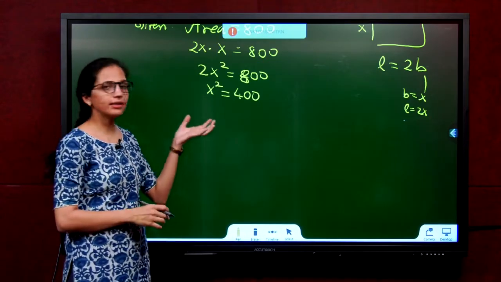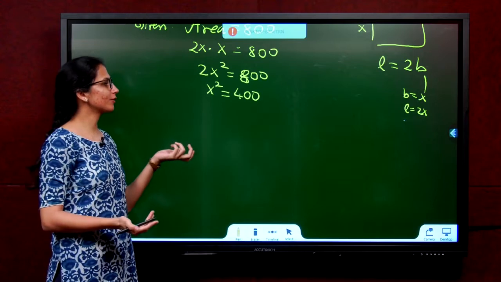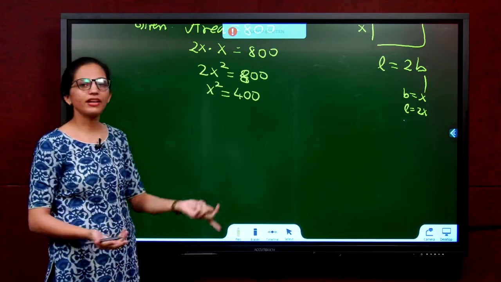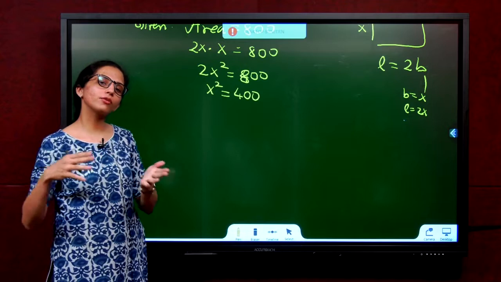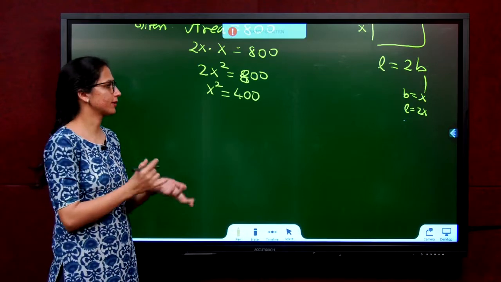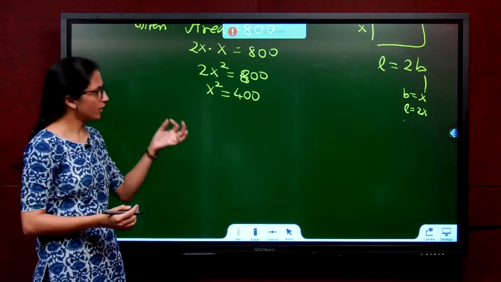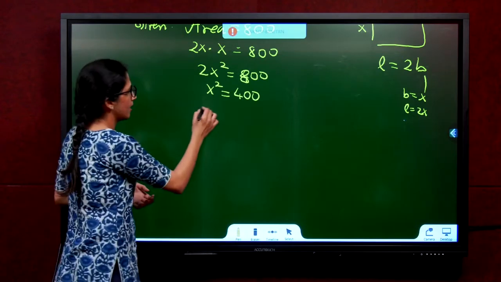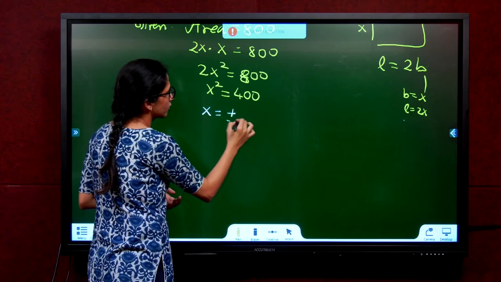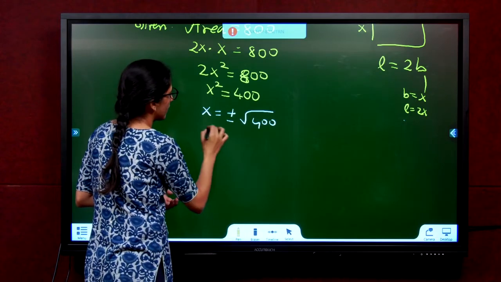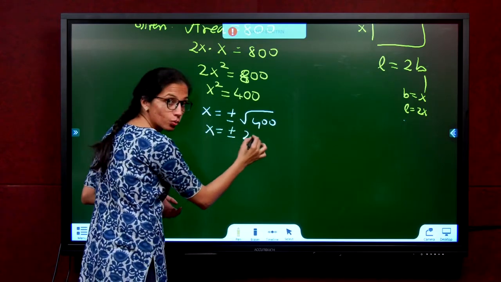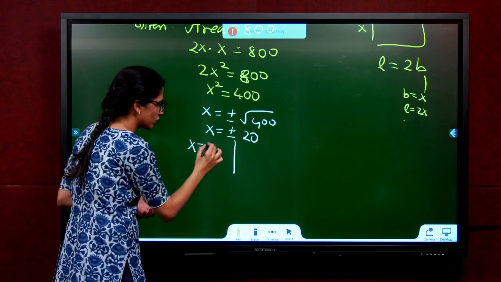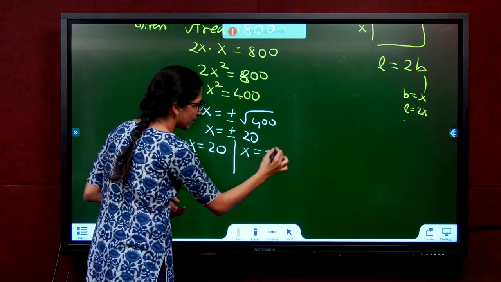You have to check whether it's possible. In this particular question, it's very easy to find x. No need to waste time finding the discriminant and then coming here, because the answer is right here. If all are negative or the answer is not possible, we'll just say it's not possible. See here, x equals plus or minus root 400, x equals plus or minus 20, x equals 20, x equals minus 20.